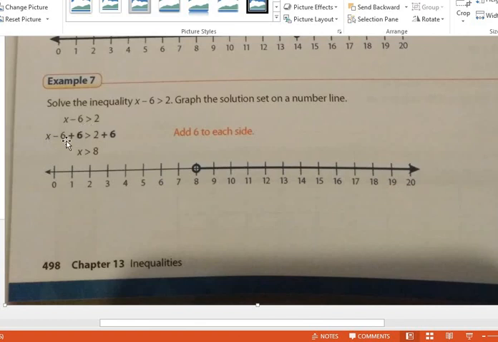When I add positive 6 on one side, I must add positive 6 on the other. So x is greater than 8. When I put it on the number line, remember, I have greater than without equal to, so I put an open circle, then go to the right side after 8: 9, 10, and so on. It's easy now.